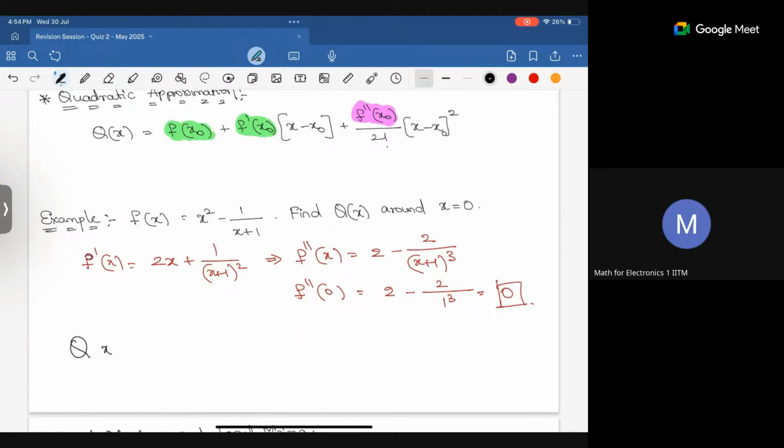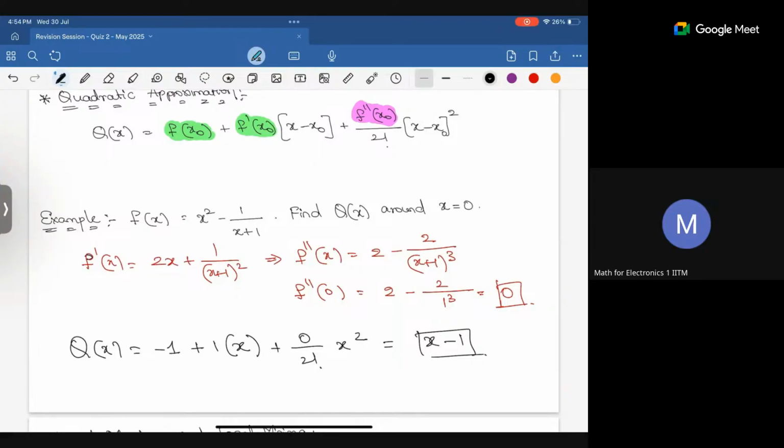If you compute q of x, you will see that 1 plus 1 into x plus 0 by 2 factorial into x square, which will again give us x plus 1.